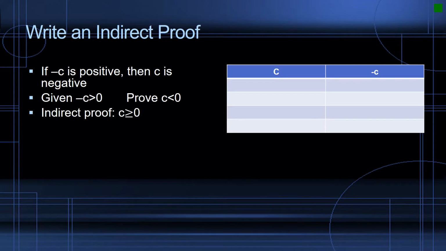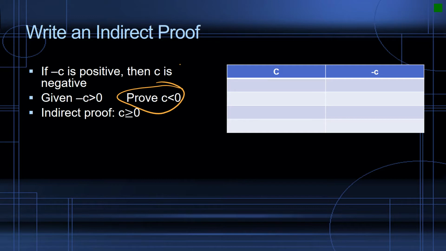Now that would cause us to write our indirect proof. We're writing something opposite to this as the indirect proof, that c is greater than or equal to 0. So again, we got some table of values here. And so let's say that c is 0.